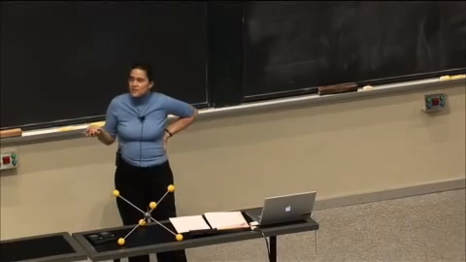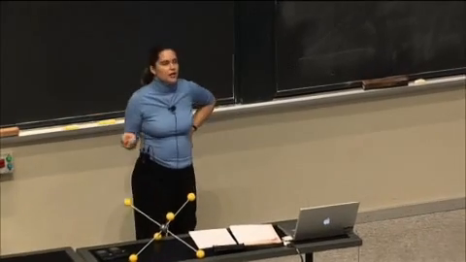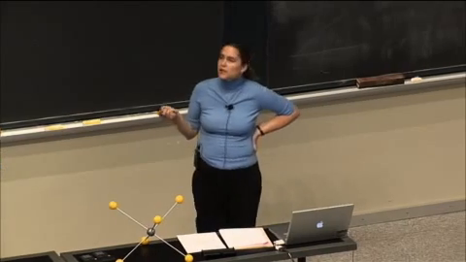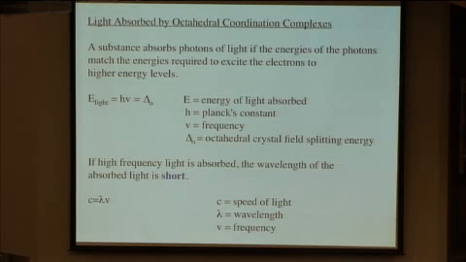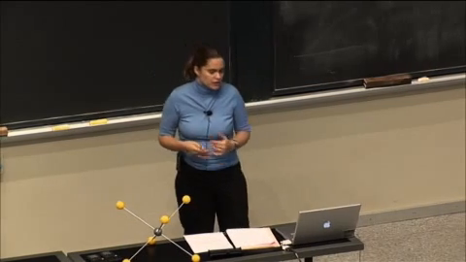Again, think back to the beginning of the course and also probably to physics and to high school. We know a very handy equation for telling us about the relationship of frequency and wavelength of light. So we have the speed of light equals the wavelength times the frequency. So if you have a high frequency of light absorbed, the absorbed wavelength is going to be short.